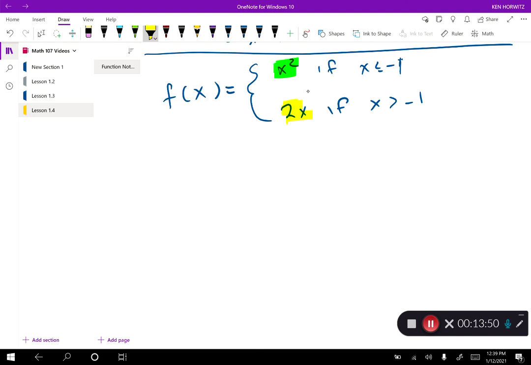Now this is a fairly small piecewise function, just one to start you out with, but I do want to ask you to try a couple things out. I want you to find f of -2 and f of 3. So pause the video real quick. Find f of -2, find f of 3. Come on back and we'll check the answers on the back end.